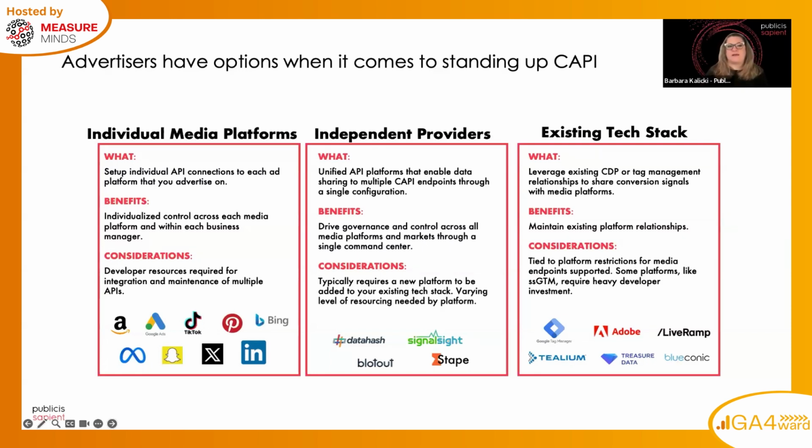Everybody has something that you could use. The thing with the existing tech stack is the actual extra spend you might incur based on the platform. Maybe this part of their platform is an add-on. I know with Google Tag Manager, there'll be processing fees from using the Google Cloud servers. And in a few slides we'll go over the difference between setting it up individually on media platforms or through Google Tag Manager.